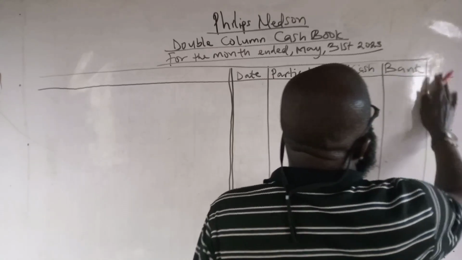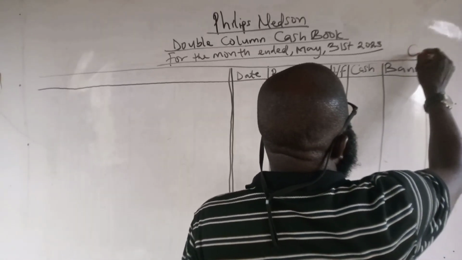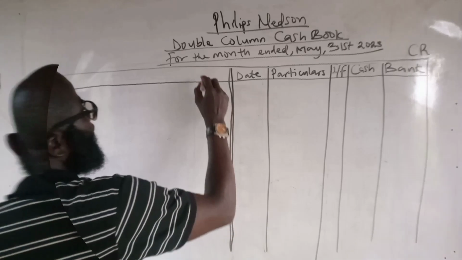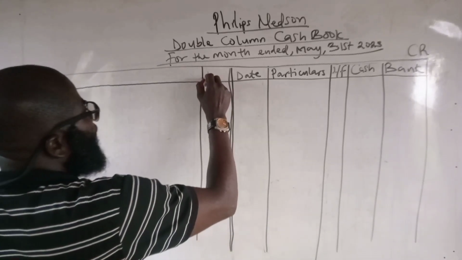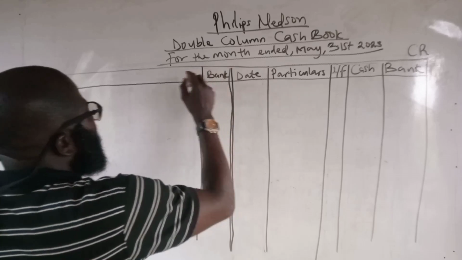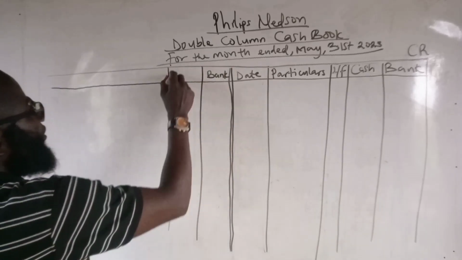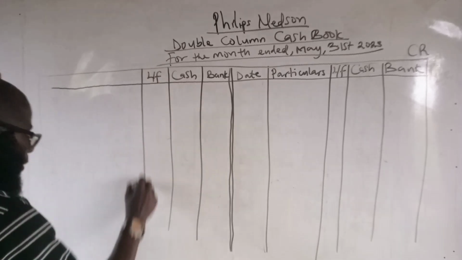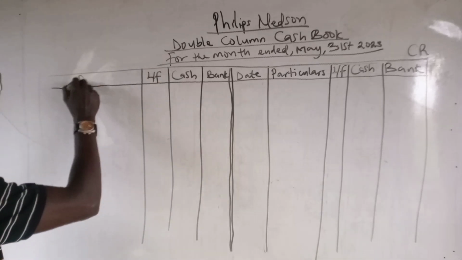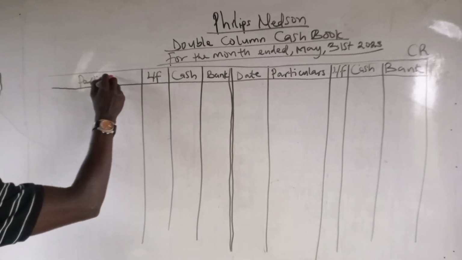Then do it this way. As we all know, this side is the credit side. On this side we have bank, then followed by cash. We have ledger folio. Then we have particulars.